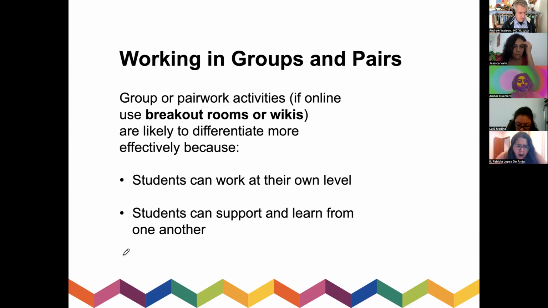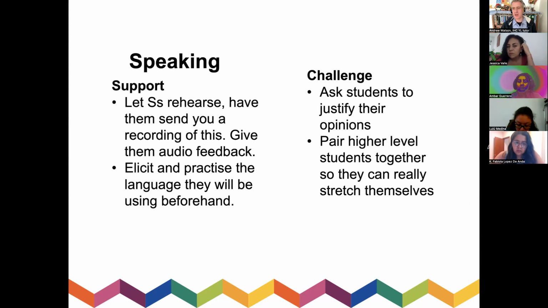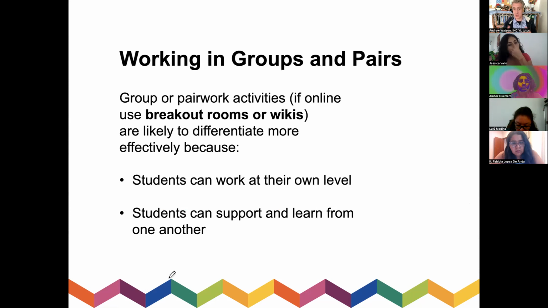However, having weaker students and stronger students working together has advantages and disadvantages. What do you think are the advantages and disadvantages of having weak students work with strong students?